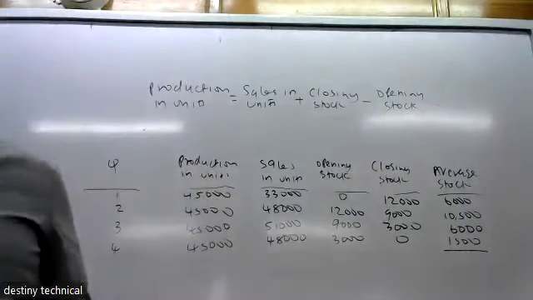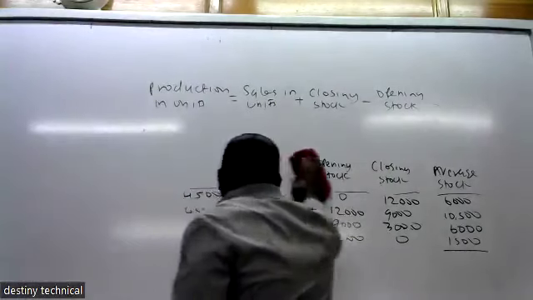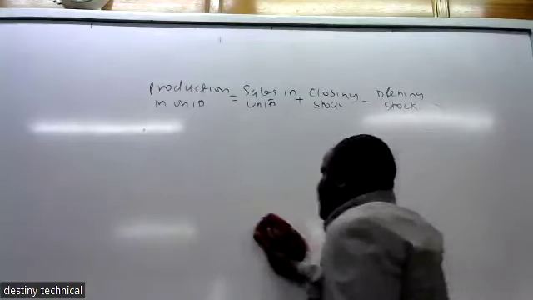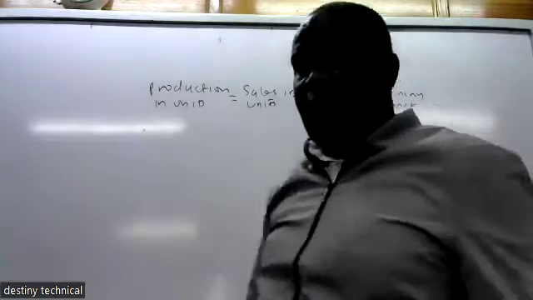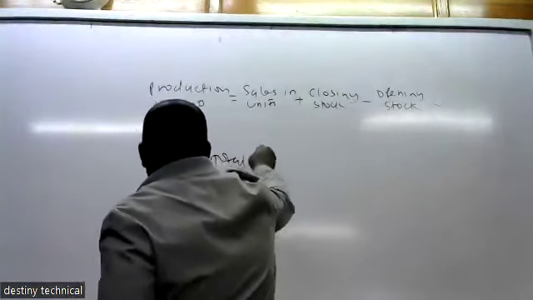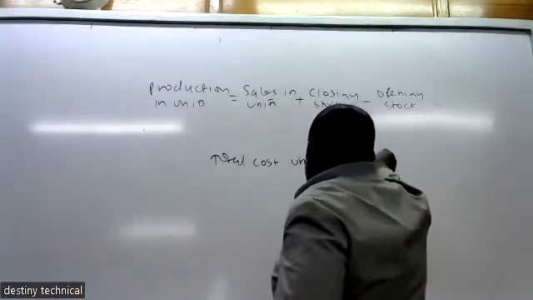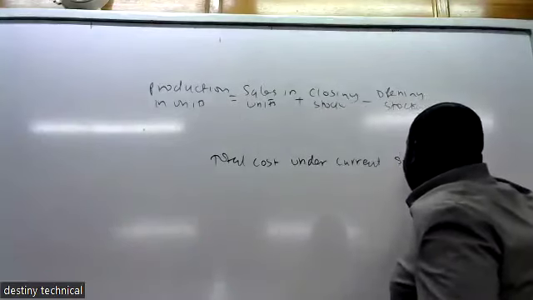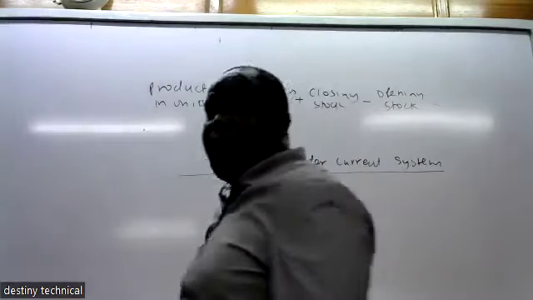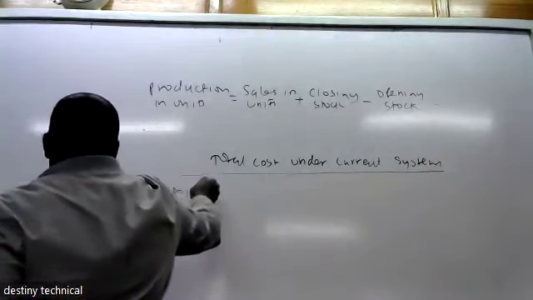So now we compute the total cost under the current system. We start off with the production costs.